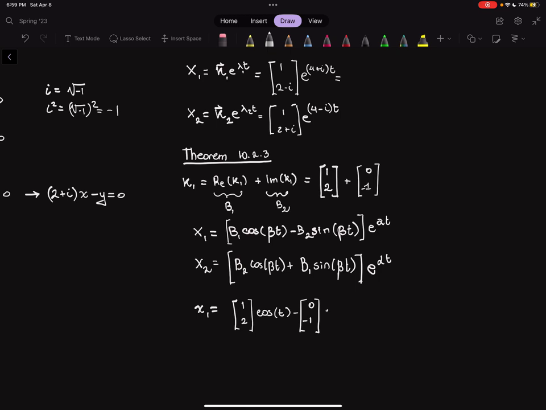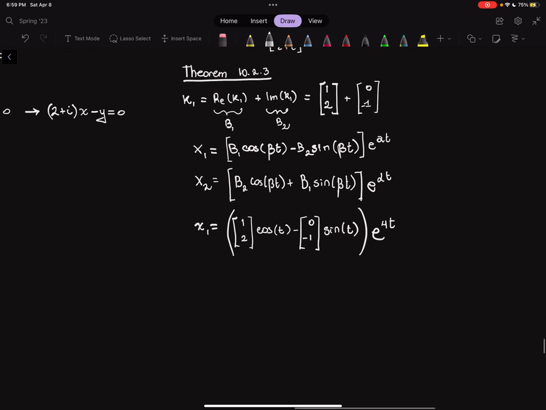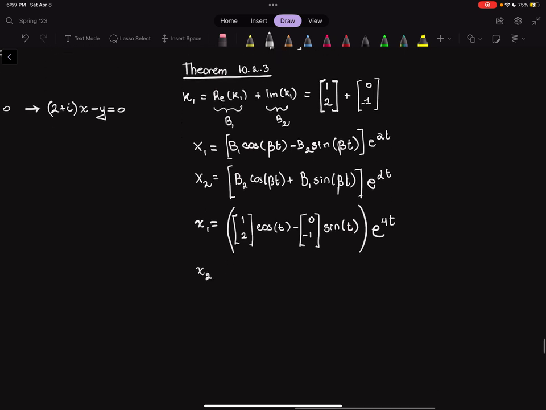And then we write sine of beta, and beta is the coefficient of i, which is 1, so we're not going to write it. Then I'm going to multiply by e to the alpha t, where alpha is the real part of the eigenvalue, which was 4. So e to the 4t.